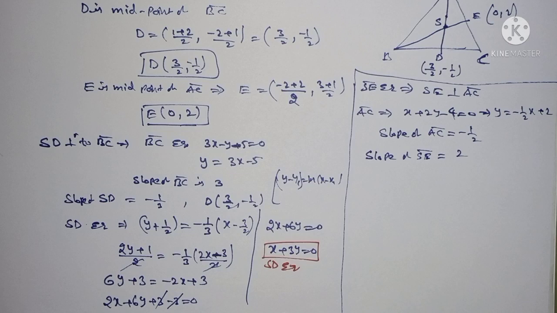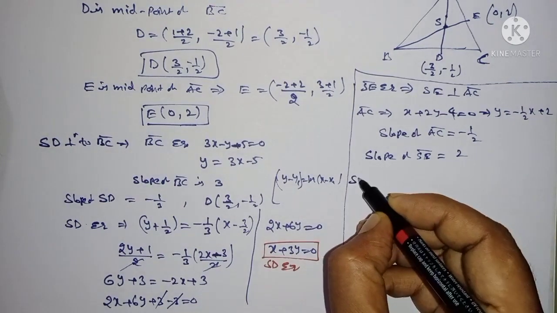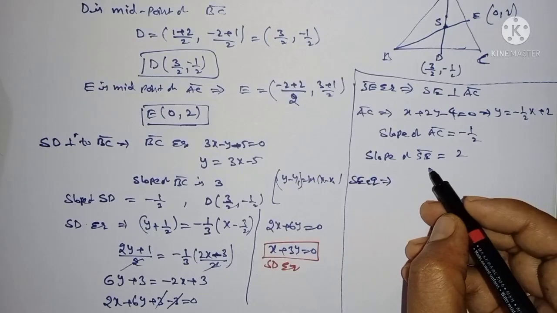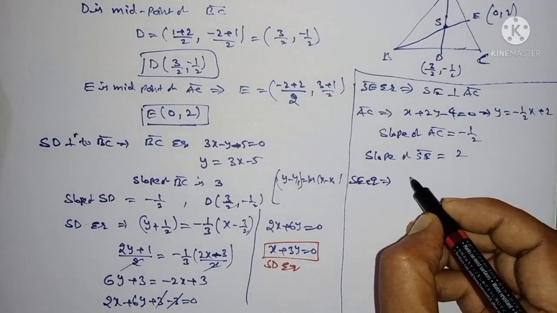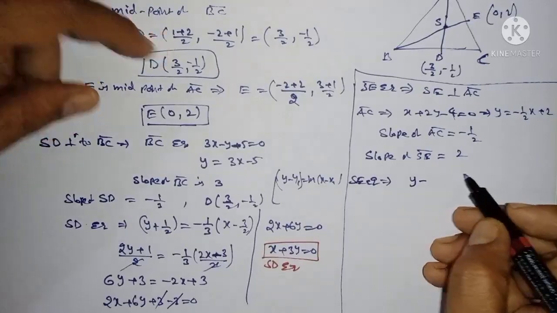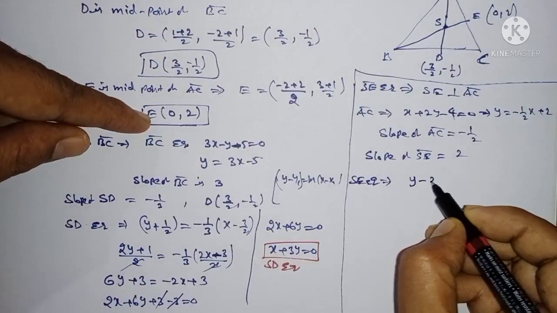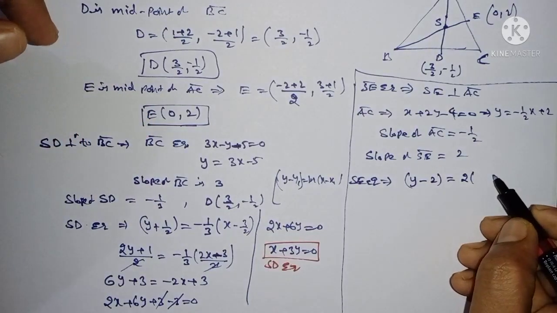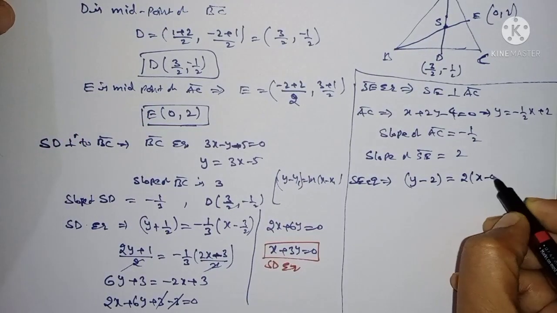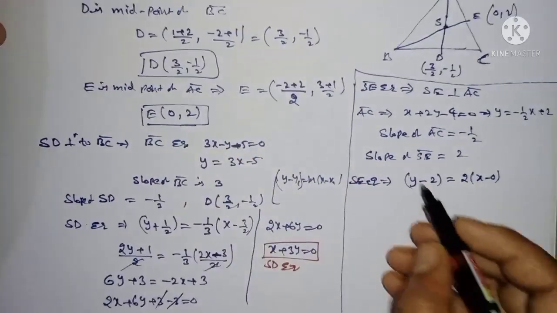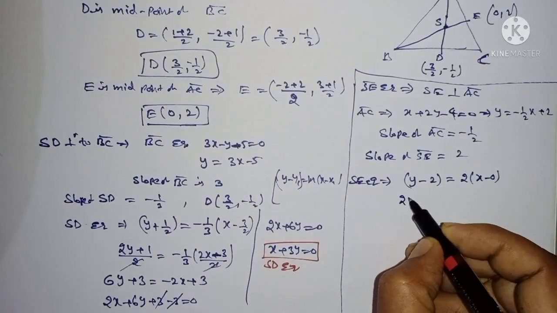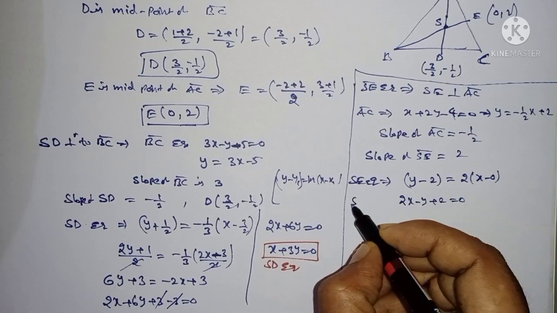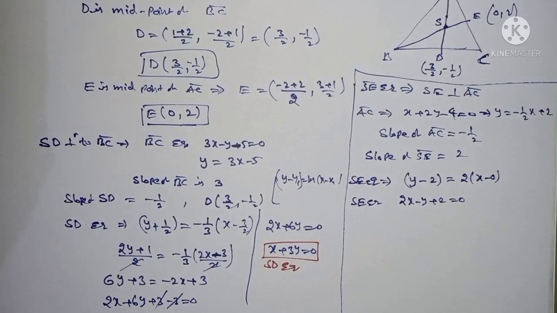Therefore, SC equation is nothing but y minus y1, what is the E is? y minus 2 is equal to 2 into x minus 0. Therefore, you got here 2x minus y plus 2 is equal to 0. This is the SC equation.